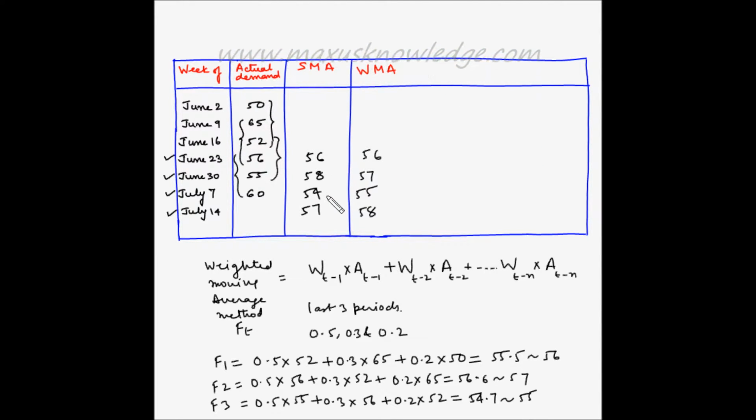For July 7th, simple moving average gives a forecast of 54, while weighted moving average gives 55. And for July 14th, simple moving average gives 57, while weighted moving average gives 58. Now next we have to find out the mean absolute deviation for both these methods.